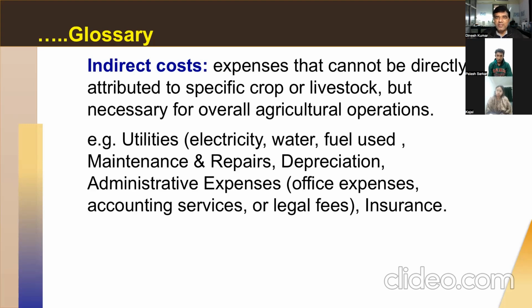For example, electricity on the farm. You may use water, drinking water, fuel, maintenance and repairs, depreciation value, administrative expenses. Suppose you have some office expenses, accounting services or legal fees, and insurance. So these are your indirect costs.